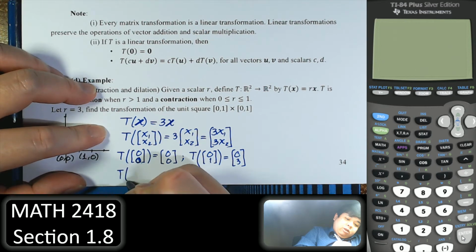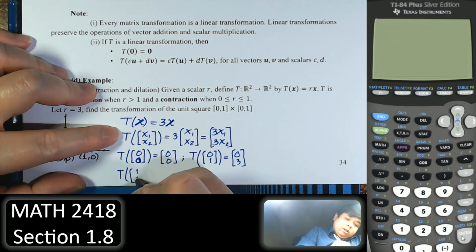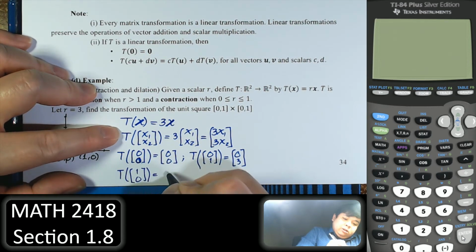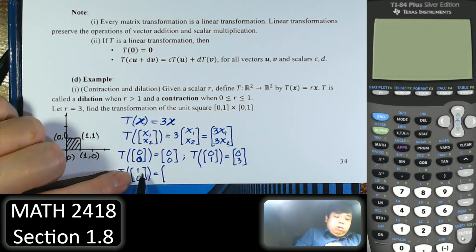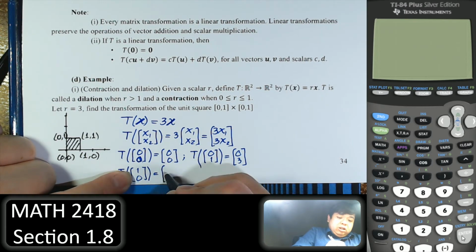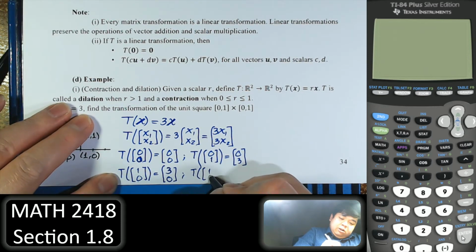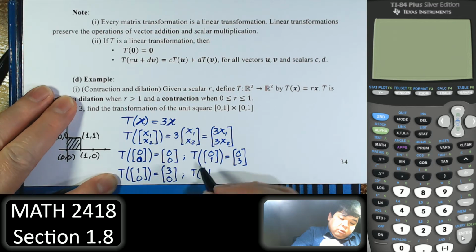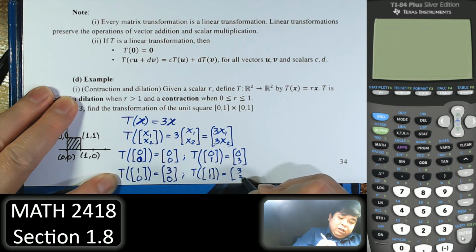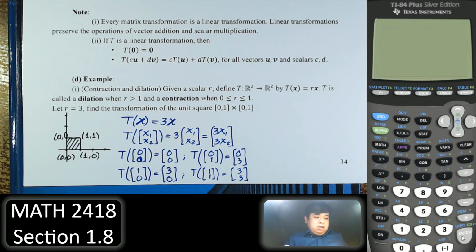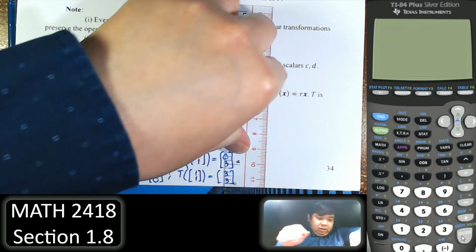Now we find the transformation of 1, 0, multiply that by 3, so 3 and 0. And finally 1, 1. I didn't write this in order, but that's okay. 3 and 3. Bottom line is the transformation.